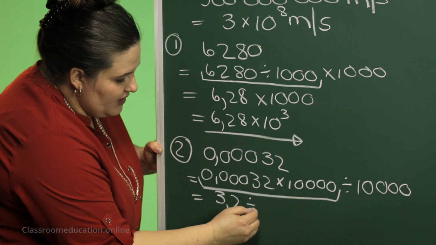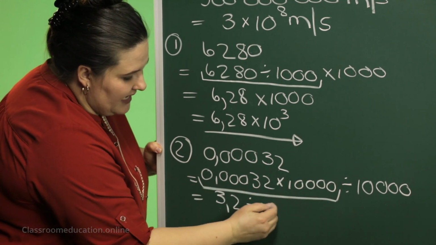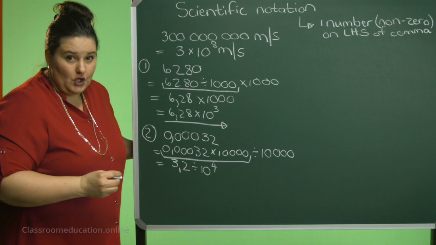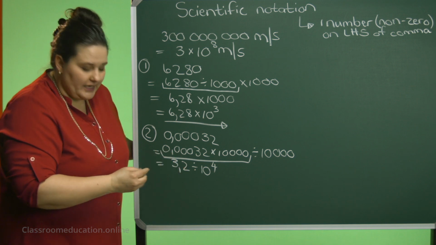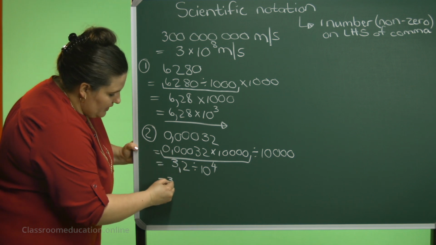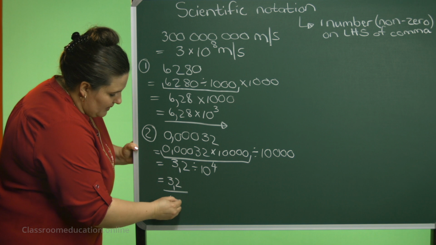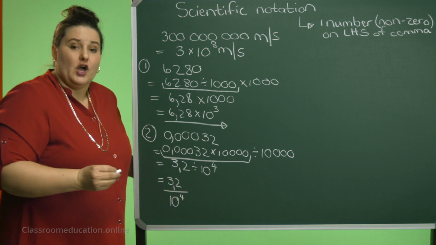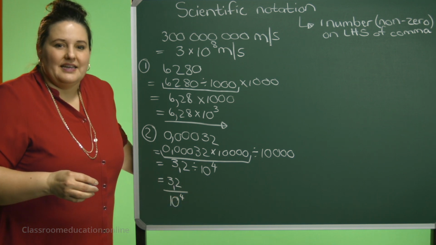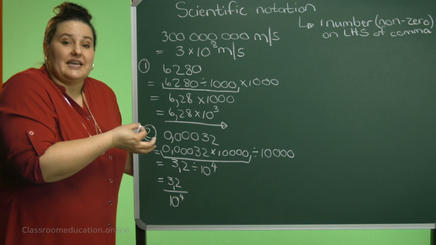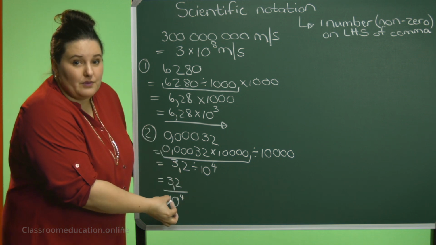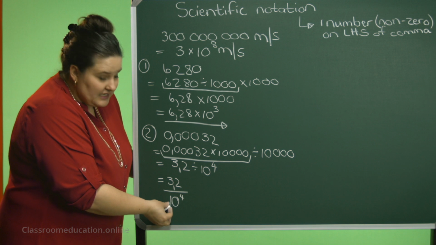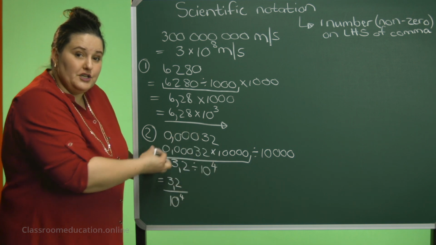I can say, you know what? That is actually 10 to the power of 4. And I have my division. So I can say, okay, 3,2 divided by 10 to the power of 4. And remember, in the lessons earlier, we said that we can move a base with its exponent. If it's in the denominator, we can move it to the numerator.